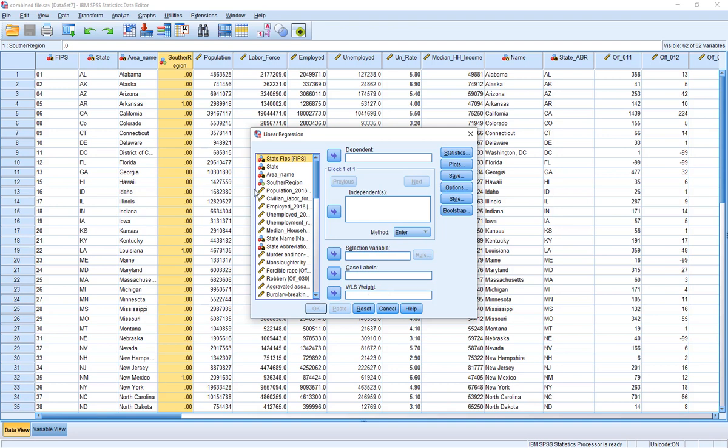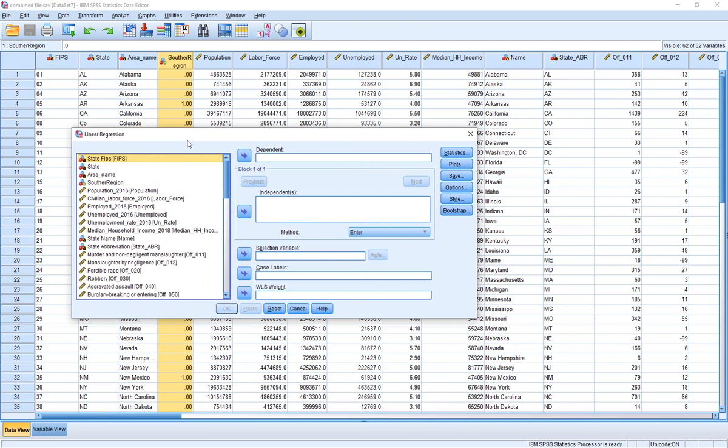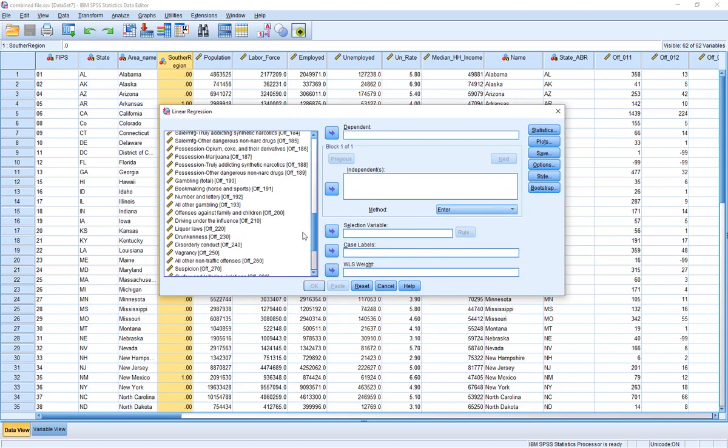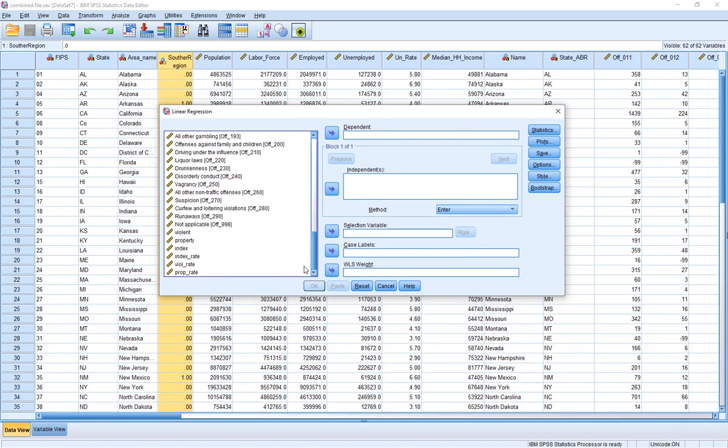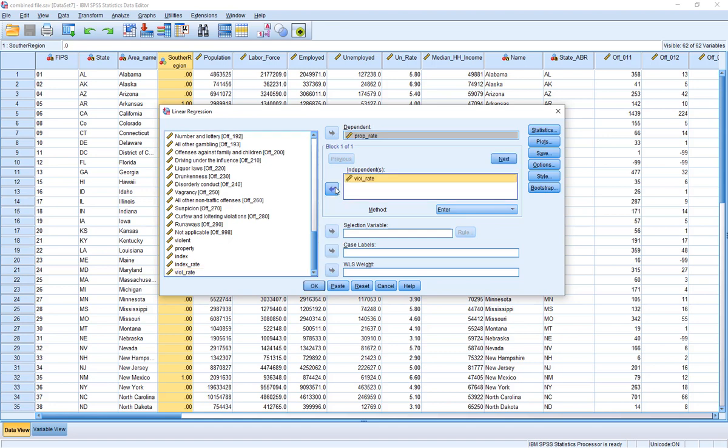So let's pull this out so we can see it a little more clearly. During our discussion of correlations, we said that there is in fact a relationship between the property crime and the violent crime rates. So what I'm going to suggest is that we try to explain our property crime rate, making that our dependent variable, by using our violent crime rate.